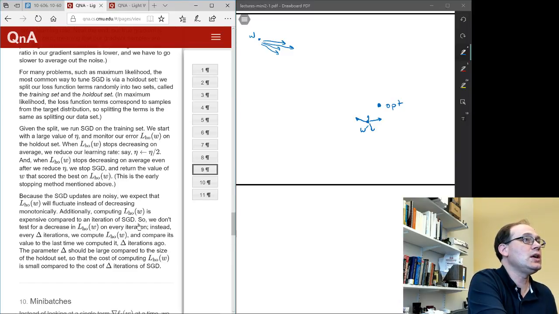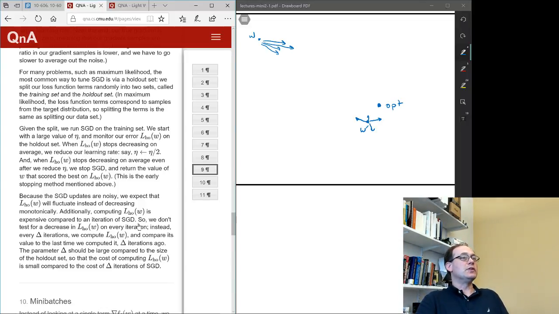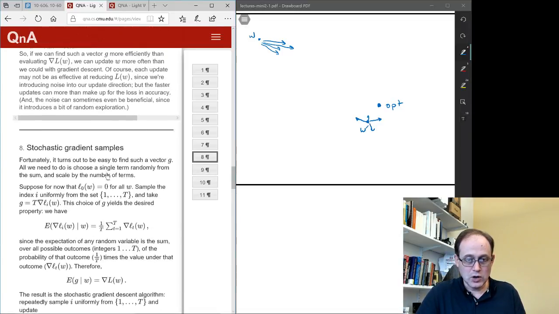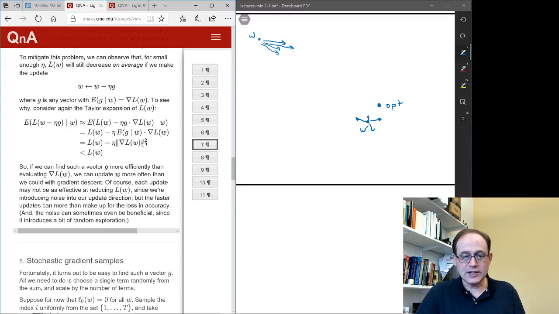Somebody is asking, why does stochastic gradient descent randomly pick an item from the sum? Well, if we go back up here, our goal in designing stochastic gradient descent was to get a g whose expected value is equal to the true gradient.